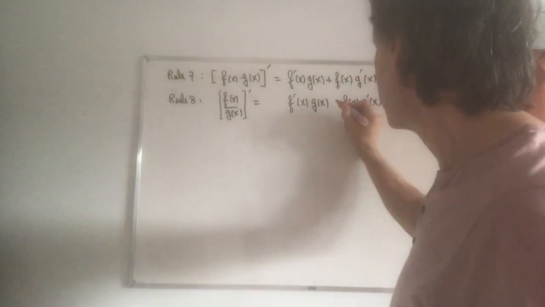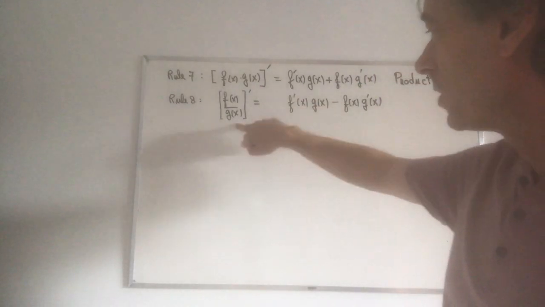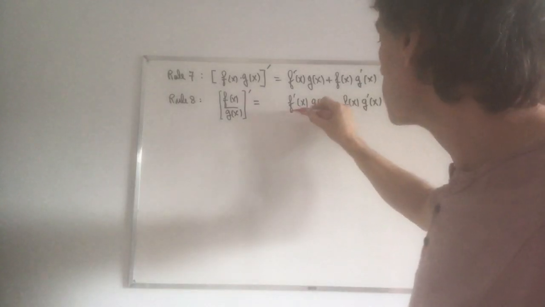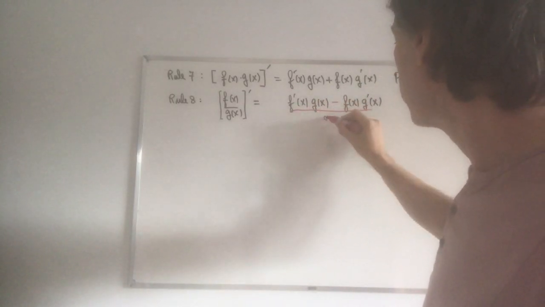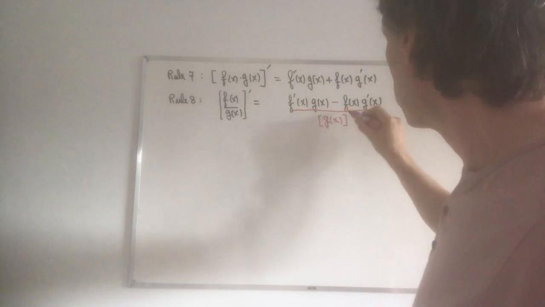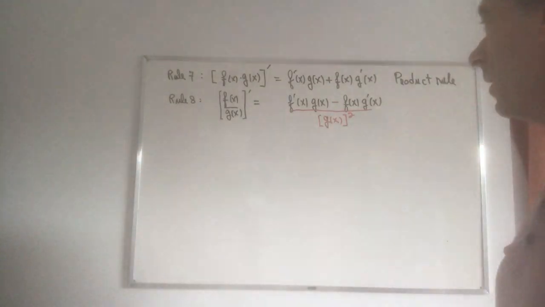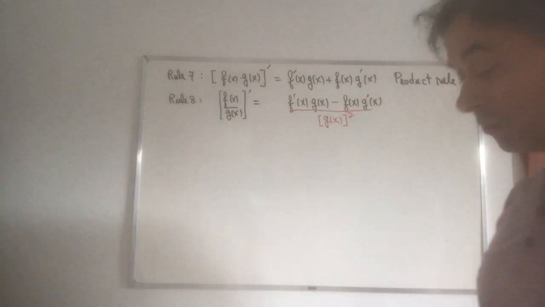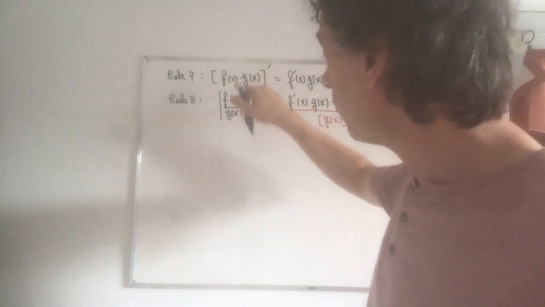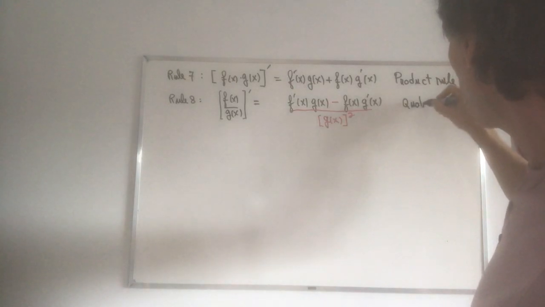The difference is, yes, instead of a plus in the product rule, it's a minus in the quotient rule, but it's also divided by g of x squared. Okay, that's a weird rule, but basically it is the rule that actually works whenever we want to find the derivative of a quotient. That's called the division rule or the quotient rule.